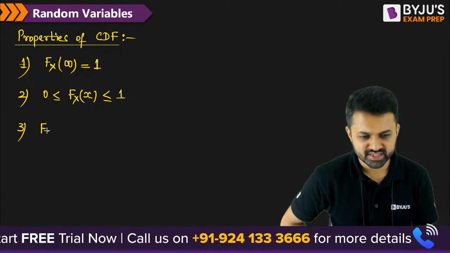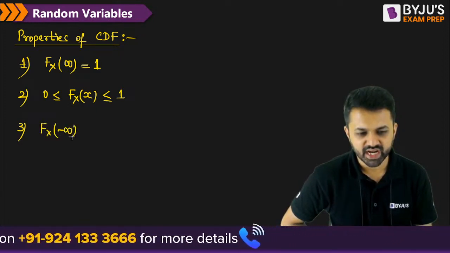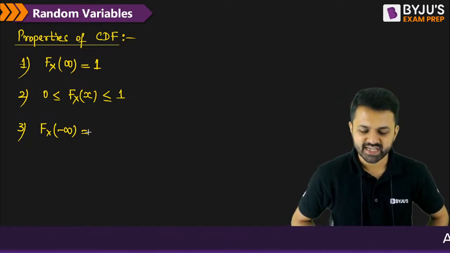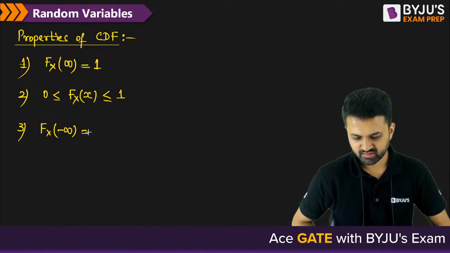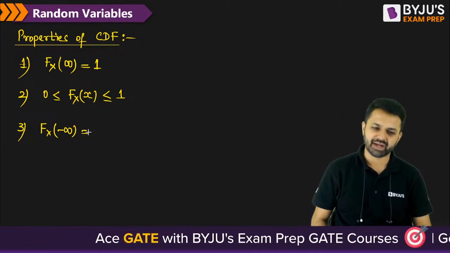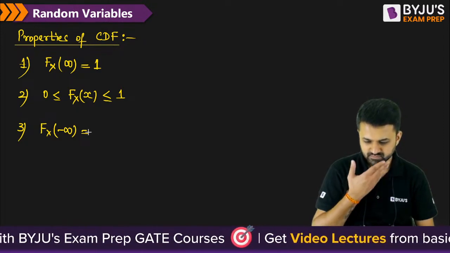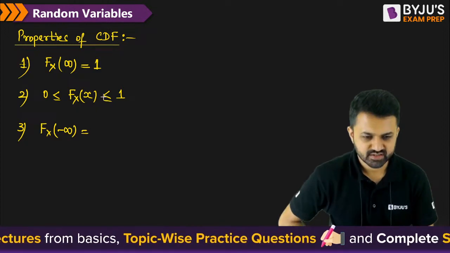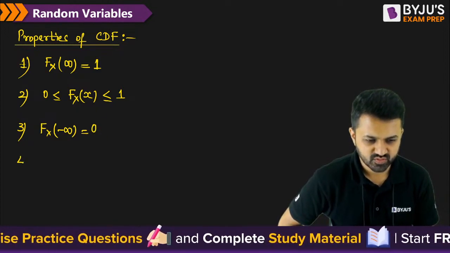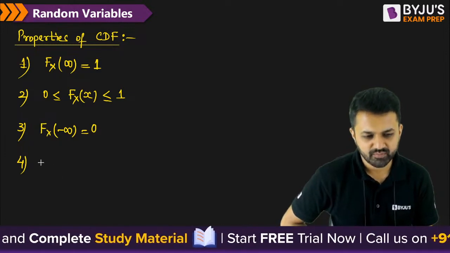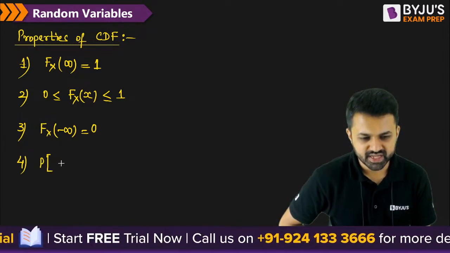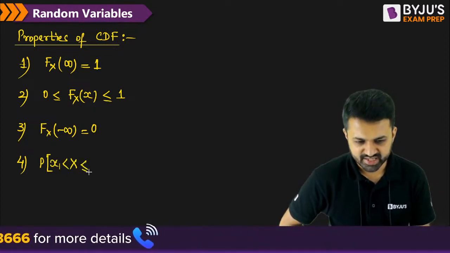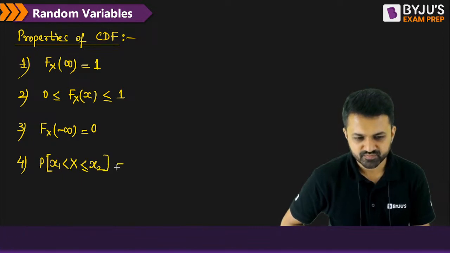Can you tell me what is the value of CDF at minus infinity? Yes, so it is 0. One more property we can say: what is the probability that the random variable x takes a value greater than x1 and less than or equal to x2?